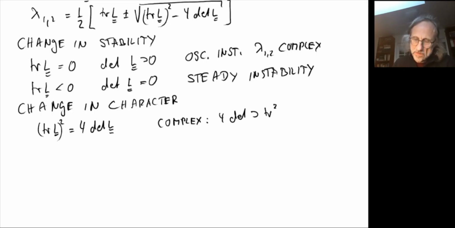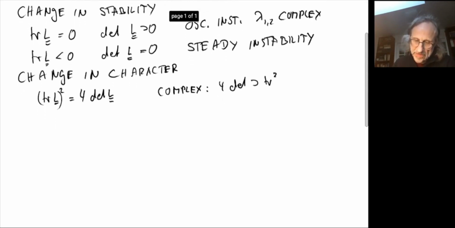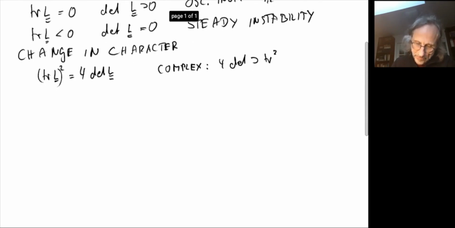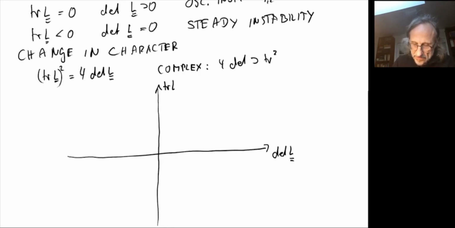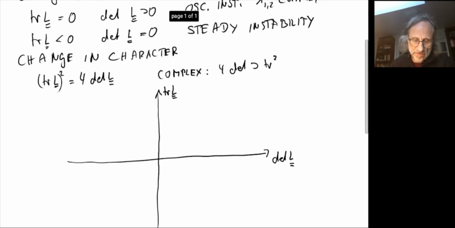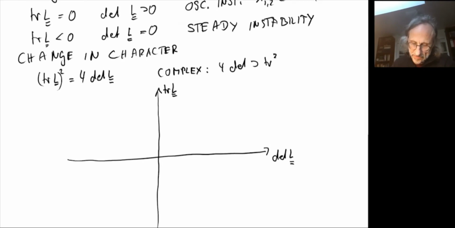Okay, so we can put that all together in a nice diagram where we simply plot the determinant on one axis and the trace on the other axis. And then let's just note those different lines. Stability changes when the trace is 0 and the determinant is positive. That is here, right?